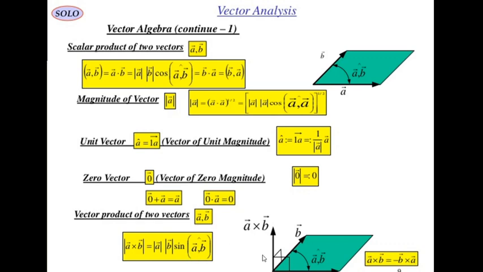The direction of the outcome, the vector product, is always perpendicular to the plane framed by those two vectors. So here the vector product is A cross B, that means you take A across B through this angle, and if you use the right-hand thumb rule, the thumb will come out of the page, and that is why it is shown that way. Okay.